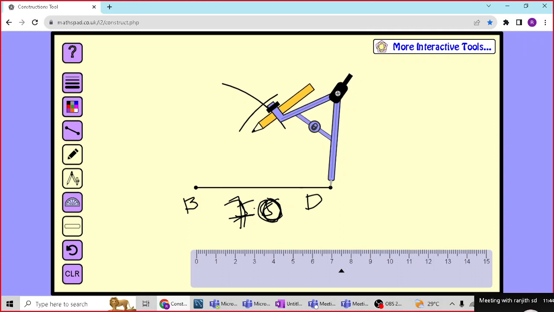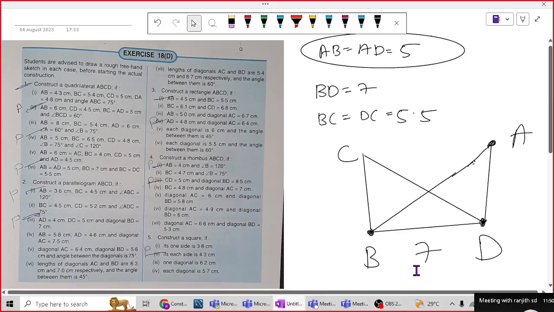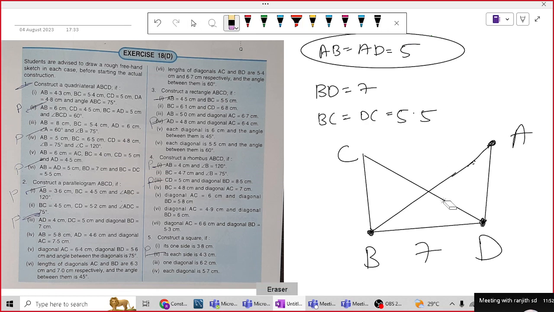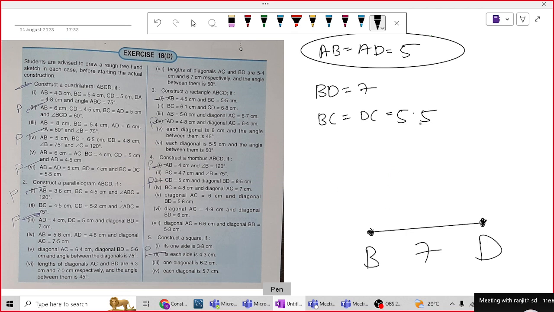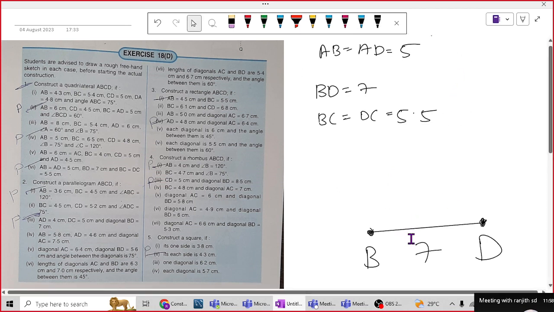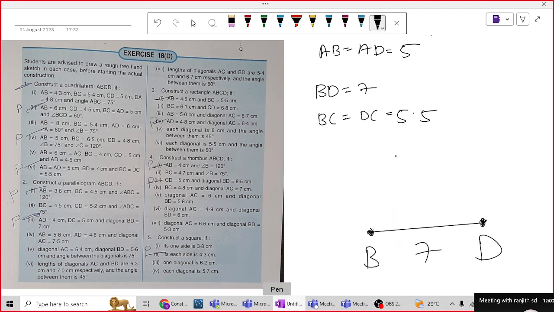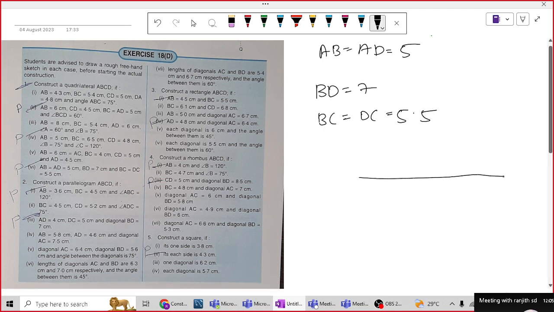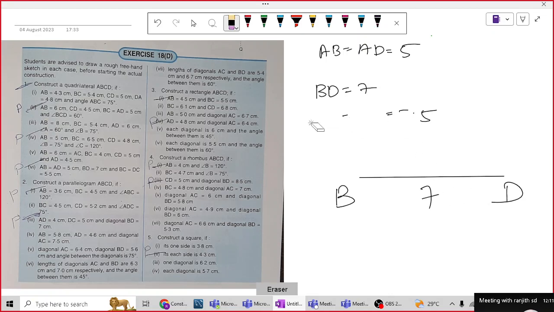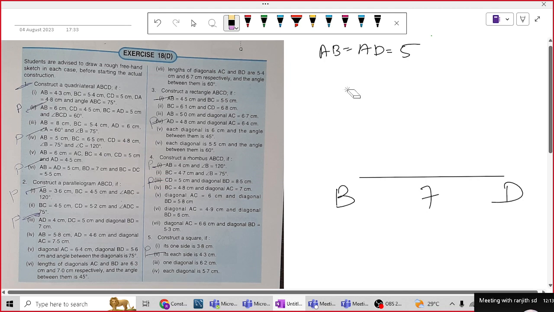No, cut this below. Look, my diagram is wrong. I'll teach you all from the beginning. BD is 7 centimeters. When you cut the arc, what did you get? Let me draw it a little higher. BD is 7. BC and DC are 5.5.